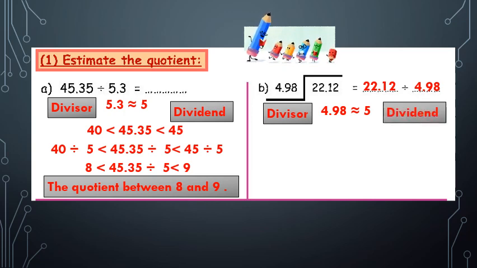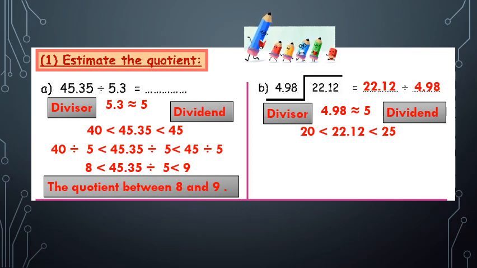Then take the dividend, 22 and 12 hundredths. According to multiples of 5, 22 and 12 hundredths is located between 20 and 25, because our divisor is 5.